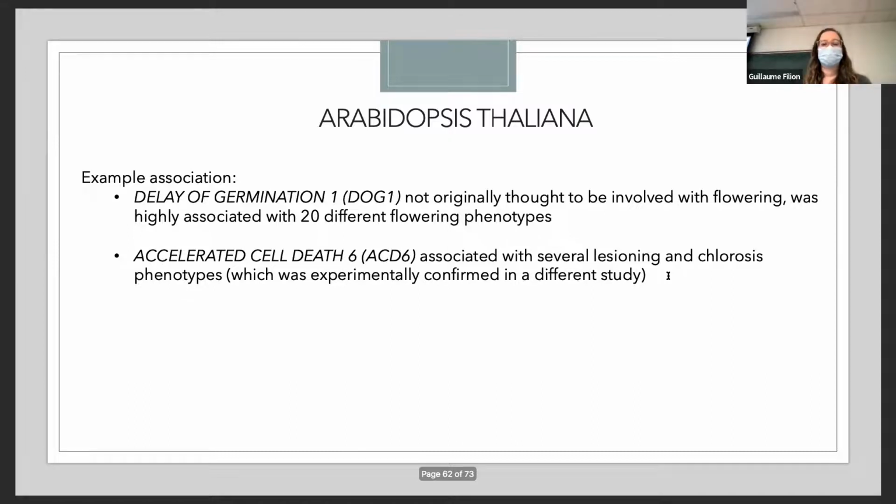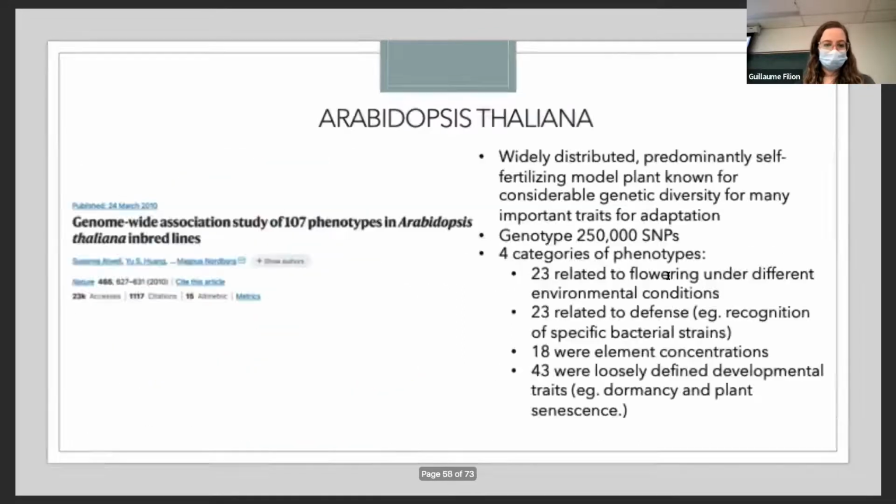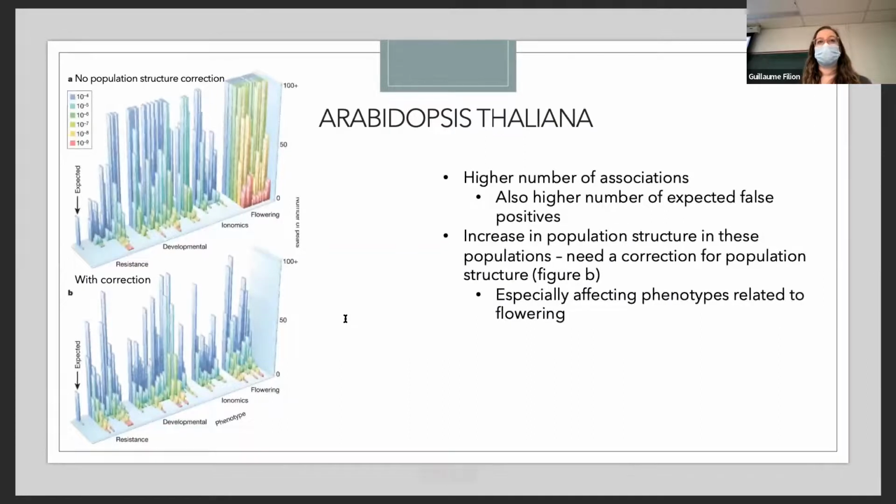Great question. So in a study like that, how do we know that they don't have the winner's curse? At this point in the study, I think they published in 2010. So it's still pretty early days, but they did do the multiple correction and the population substructure corrections and things like that. And so they obviously reduced a lot of the false positives that way. I guess it still is possible that there are false positives.